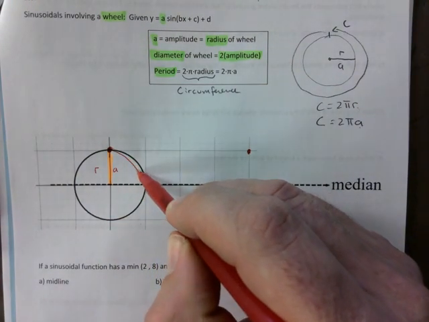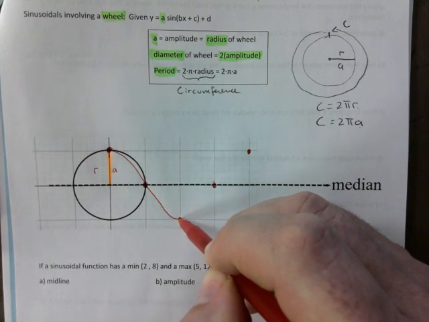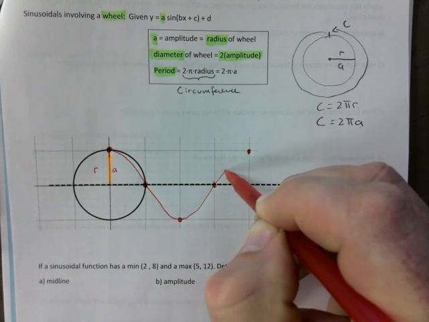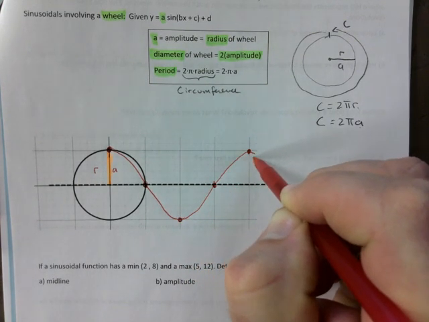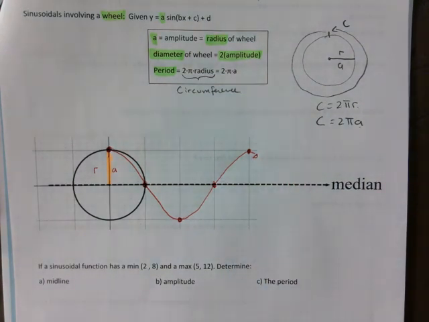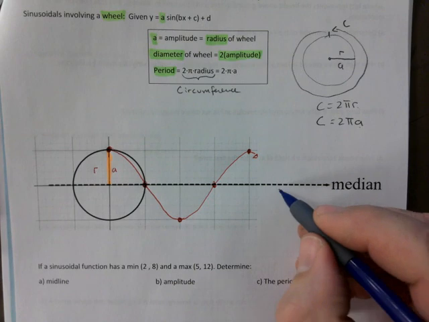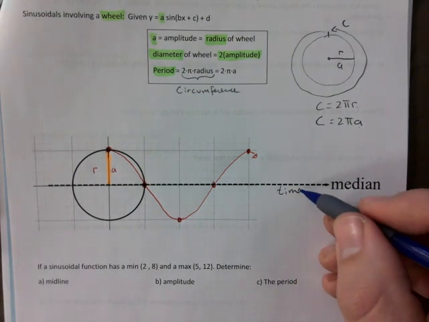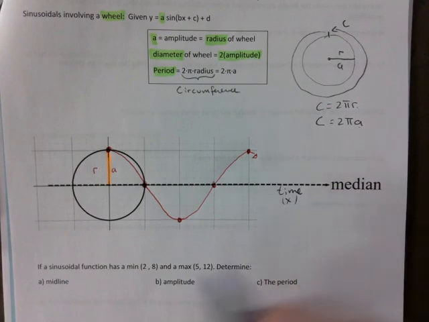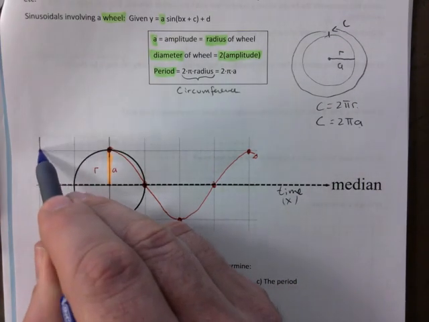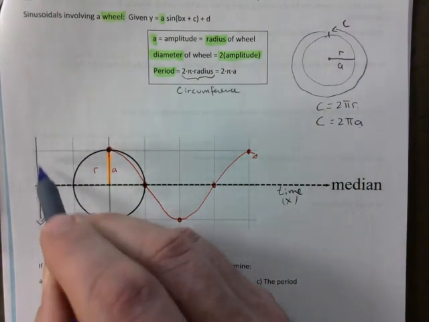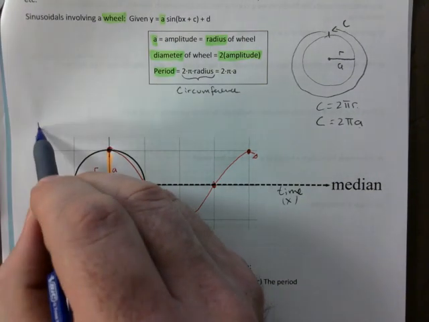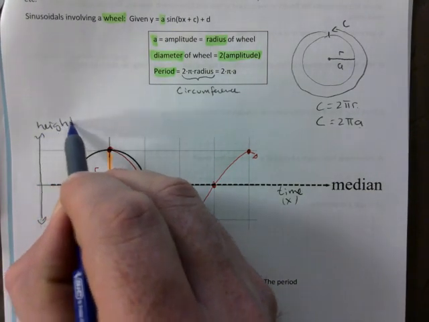I don't know if you can see it. So this is what would happen if you graph the height over time. Okay, let's put time here. Time is the x-axis in this case, and if you had the y-axis here, this would be height in whatever.